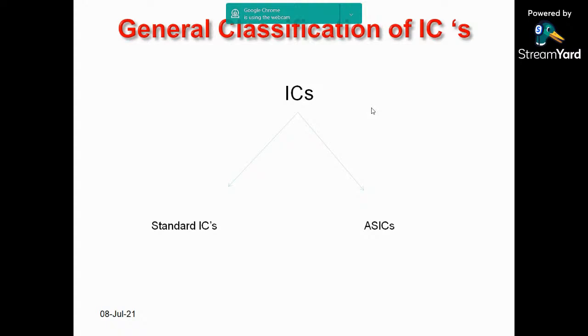So when you go to Richie Street and buy an IC, that's all standard ICs: ICs which are already manufactured and available in the market with a part number. For example, IC 7404 or IC 7400 or 7402. And we have flip-flop ICs, counters, shift registers, all of which we can group as standard ICs.